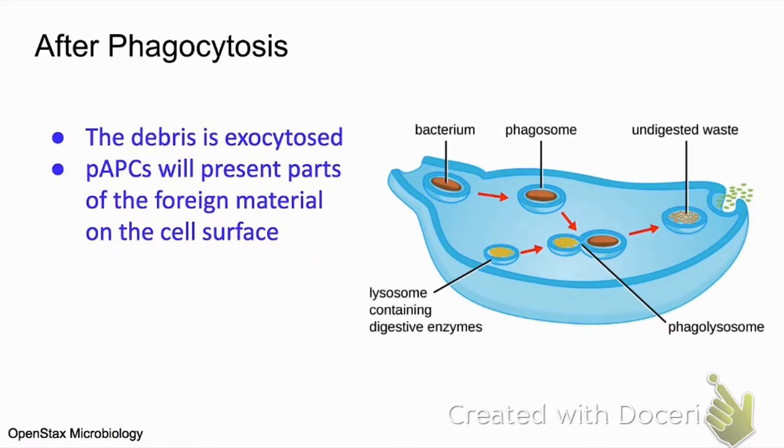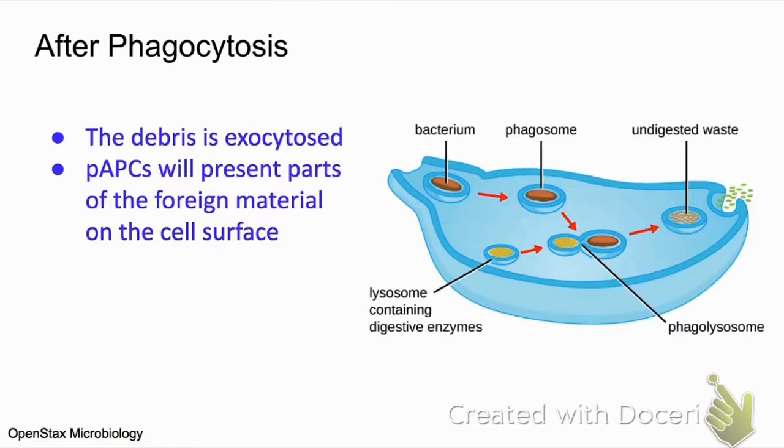Now, after the organism has been destroyed within the phagolysosome, we find a couple of events may occur. One possible result will be that the debris of this microorganism is exocytosed and released from the cell.